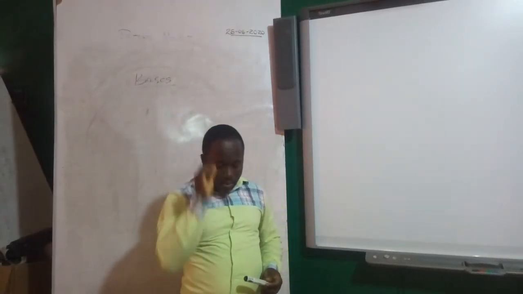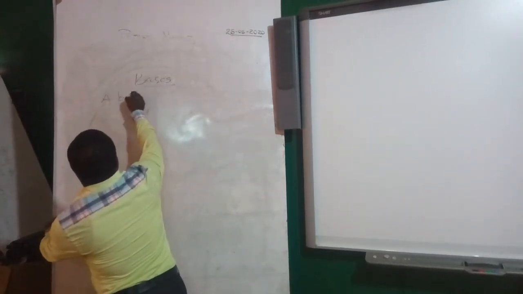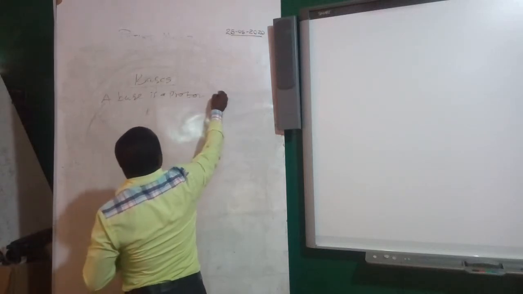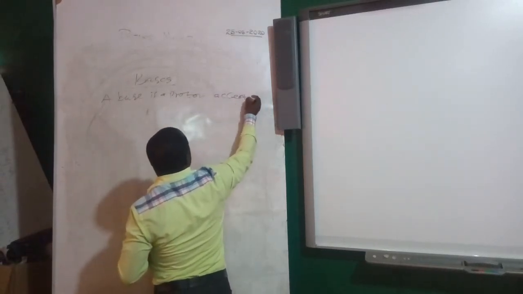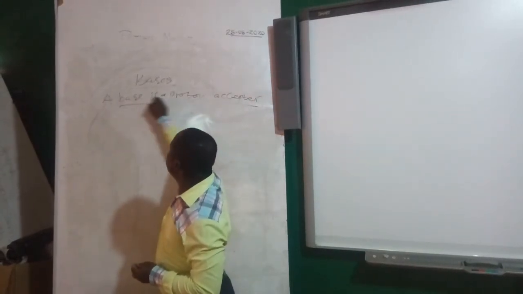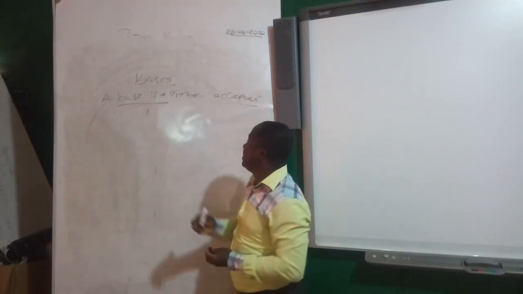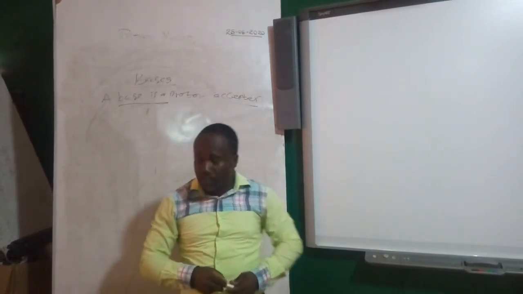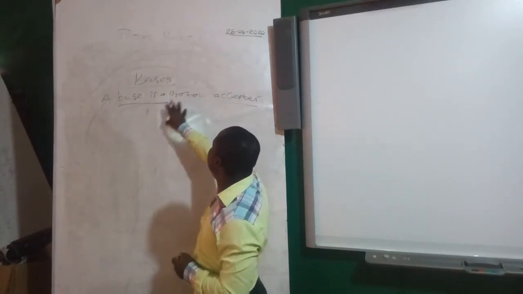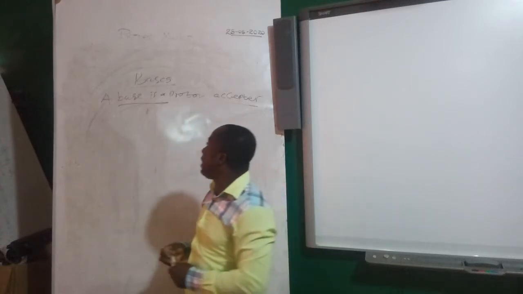According to the Bronsted-Lowry definition, a base is a proton acceptor. So as acid donates protons, bases accept protons or hydrogen ions. So a base is a proton acceptor or hydrogen ion acceptor.